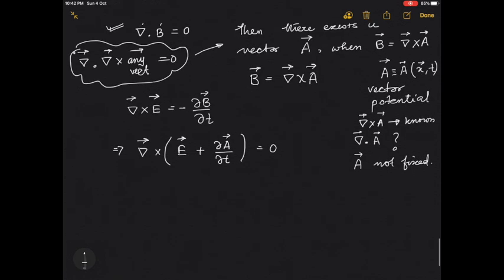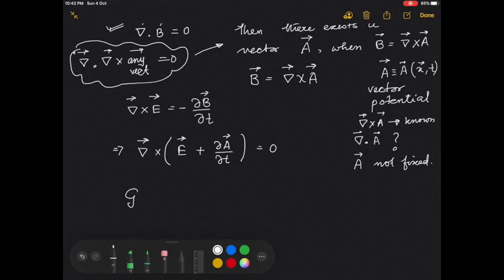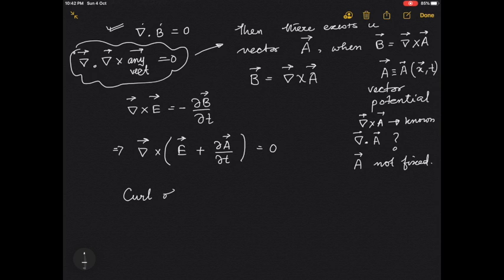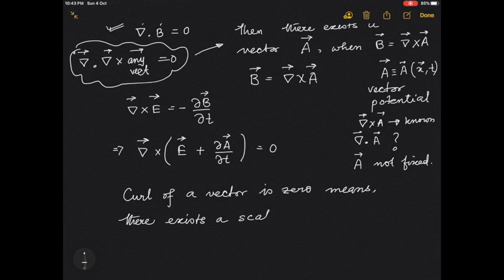Once I do that, I now realize that gradient, curl of a vector is zero, is the zero vector, means there exists a scalar function phi.